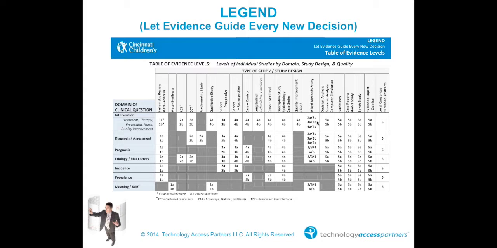Is the intention of the study to assist in the diagnosis or assessment of a patient population, or prognosis, or etiology and risk factors? In other words, studies that say patients that have comorbid conditions are more likely to have infections. So they start with looking at the domain of the clinical question being addressed in any particular study. Beyond that, they start to move all the way out to the right across the top. Is it a systematic review, meta-analysis?